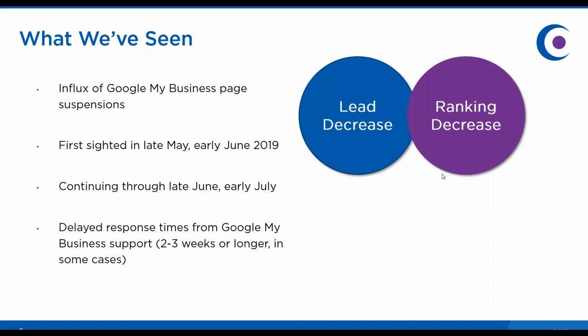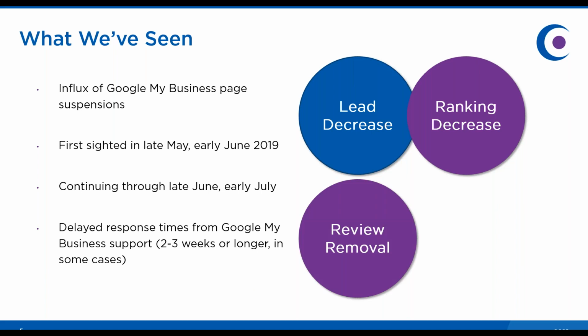Next, a rankings decrease. The Google My Business listing does have an impact on how you're ranking in the organic search results, so that listing going away can affect your organic rankings on Google. This is a tough one: the removal of reviews. You spend a lot of time making your customers happy and asking them for reviews on Google, and those reviews are critical to your business.